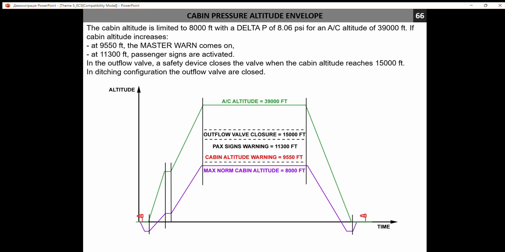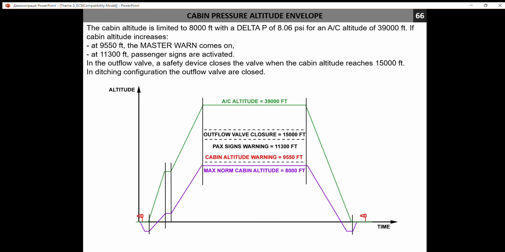What is the reason? It improves the level of comfort of passengers on board during takeoff, because during the initial roll of the airplane, when we go up, you may notice a sudden increase of pressure that will strike our ears.